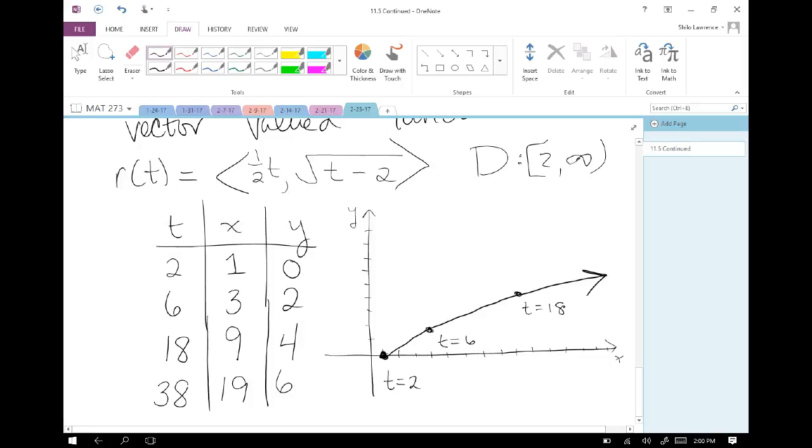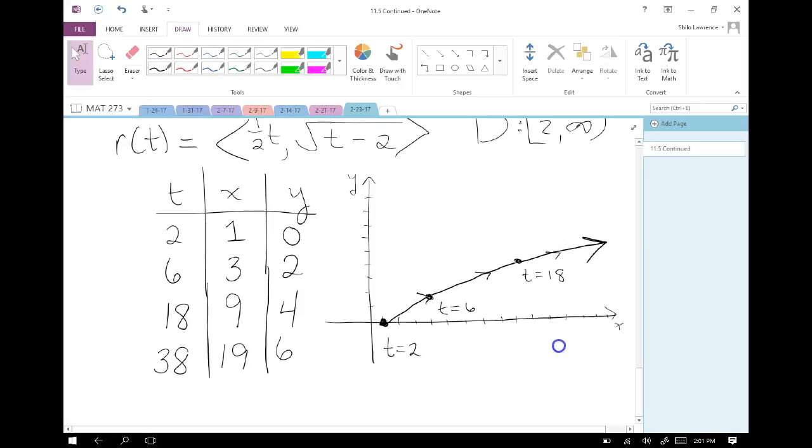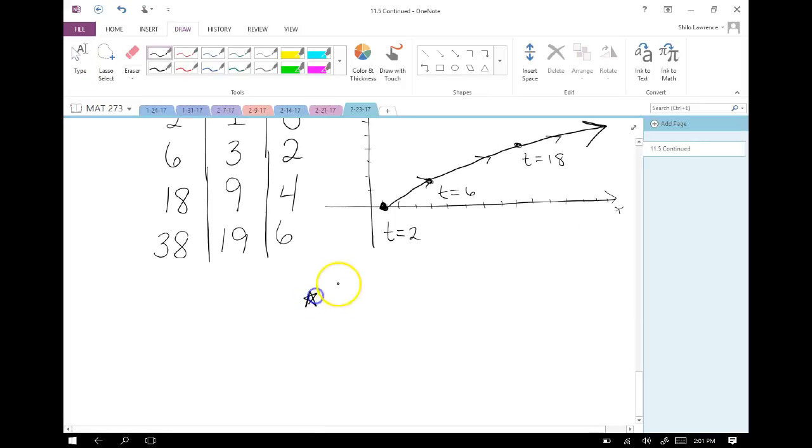There's one more thing that we need to draw on this graph, and that is the orientation of the graph. Remember, this is a vector-valued function, so there is a direction associated with this graph, and the direction is called the orientation. The orientation of the graph indicates the direction of increasing values of t.